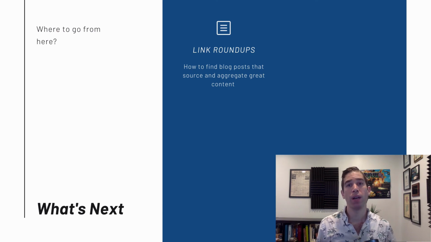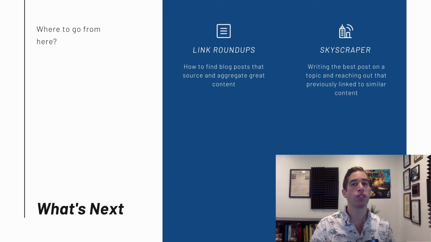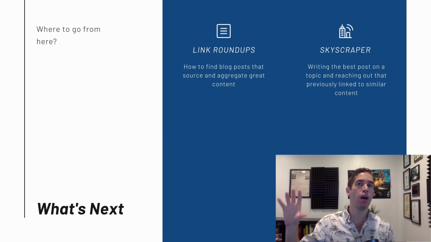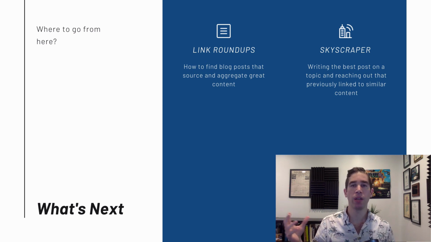Next up, we're going to talk about individual outreach strategies. Specifically, we're going to be talking about link roundups, reaching out to other blog posts that aggregate articles related to a given topic or industry. We're going to talk about skyscraper technique, writing the best post on a given subject and then reaching out to other blogs that cover it to link to that instead of other posts.